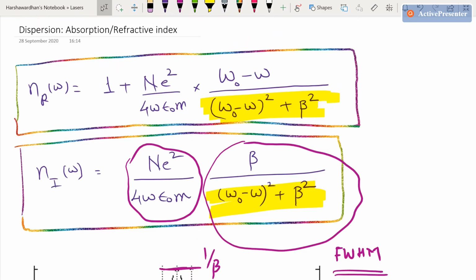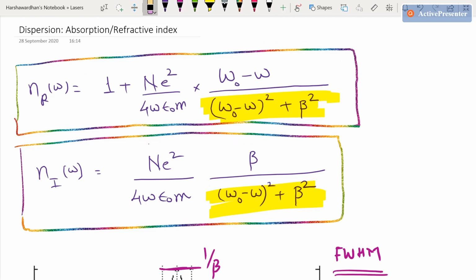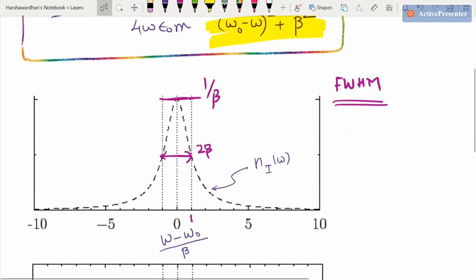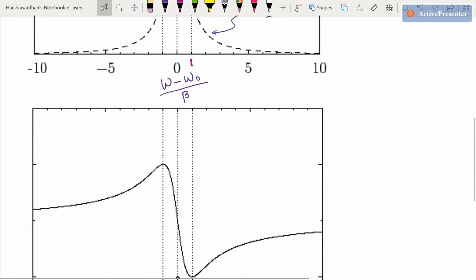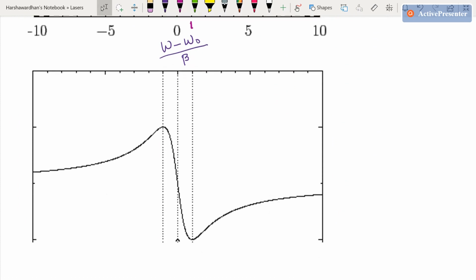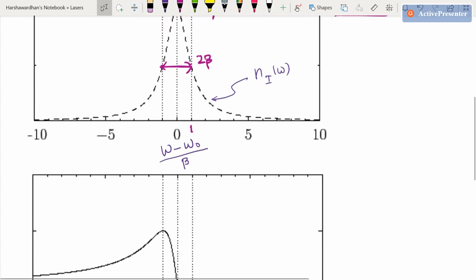Okay. Now let us look at the real part of the refractive index. At omega equal to omega naught, this factor that is highly dispersive, or highly dependent on frequency, actually becomes irrelevant. It contributes zero, and what we get is a refractive index which is just 1. So again, I'm plotting the real part.